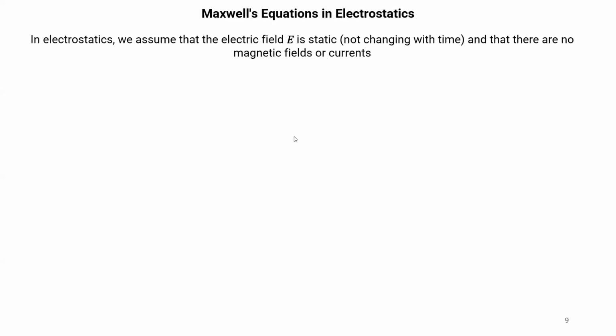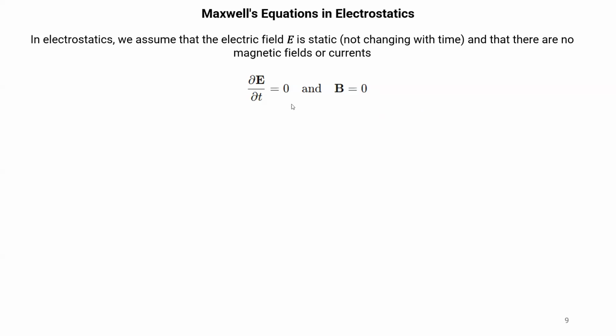But now let us consider a particular case of electromagnetic fields when electric field doesn't change in time and magnetic field vanishes. No magnetic field and electric field doesn't change in time. An example could be just the field of a stationary charge, right?